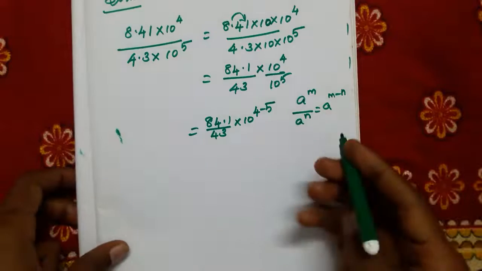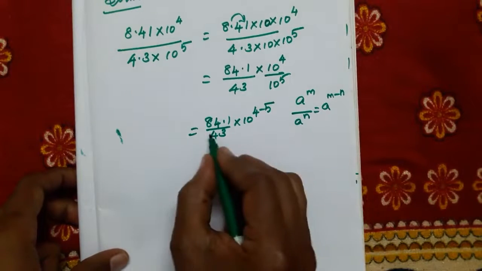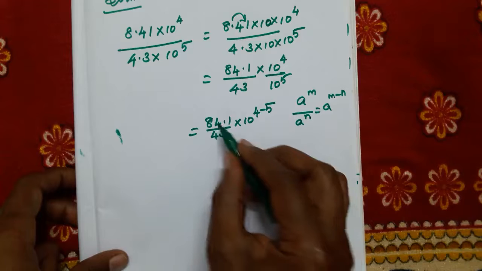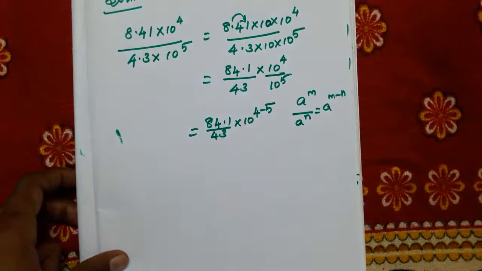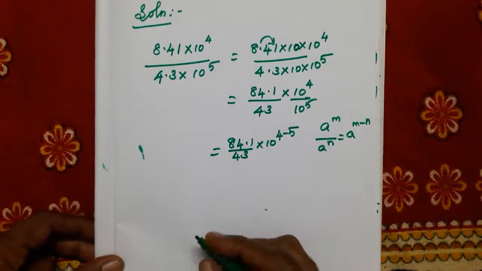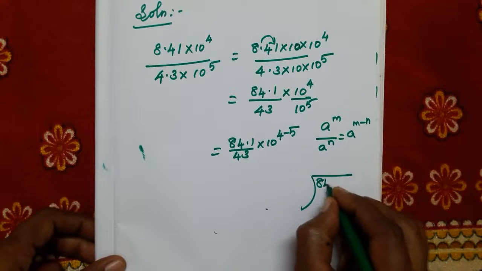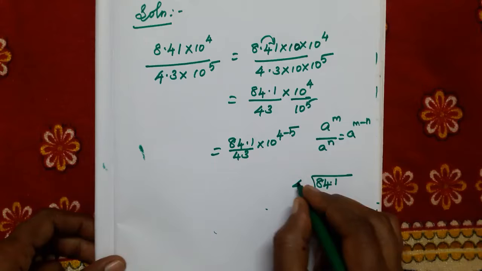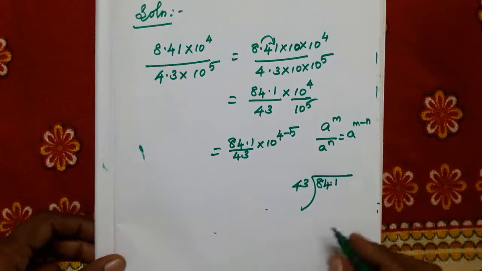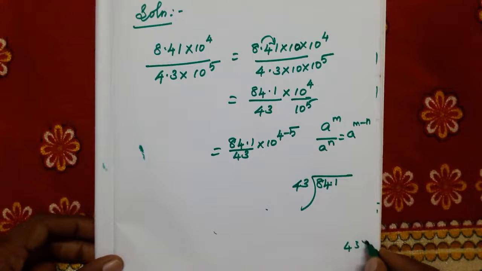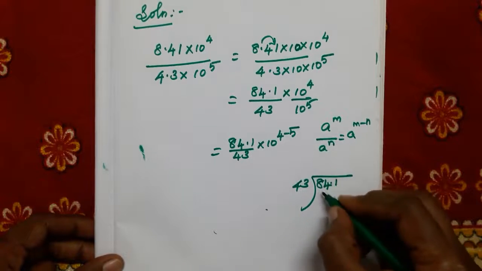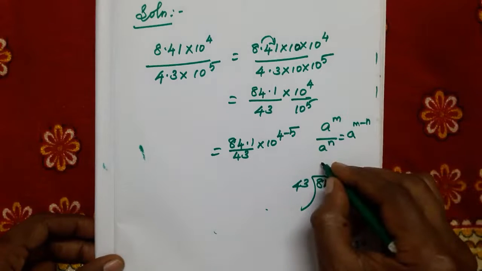When we are dividing, what are we getting? 84.1 by 43. Here when we multiply 43 into 2, what number do we get? 3 2s are 6, 4 2s are 8, 86. It is greater than 84, so it will go one time only.